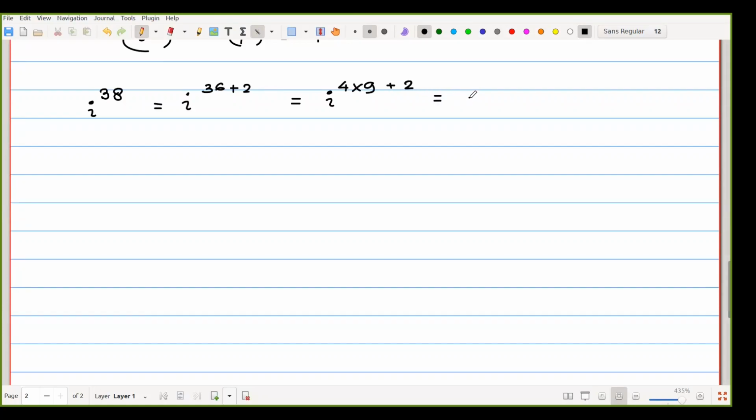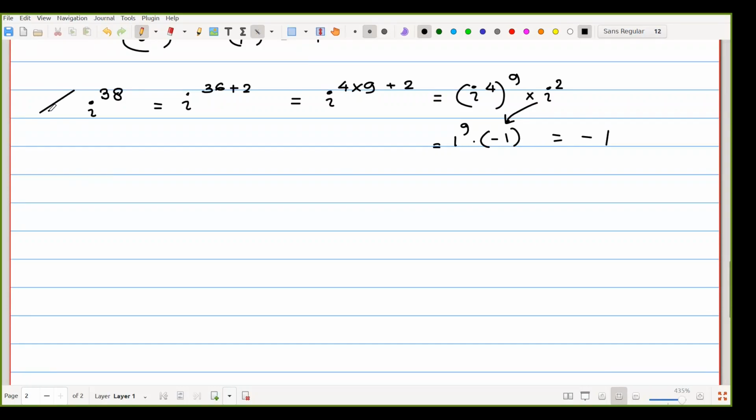Or we are writing that is i to the power 4 to the power 9 into i square. i to the power 4 means 1. So 1 to the power 9 into i square means minus 1. So the value is minus 1.